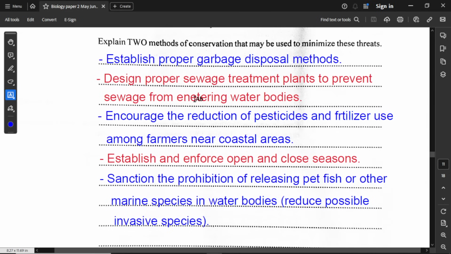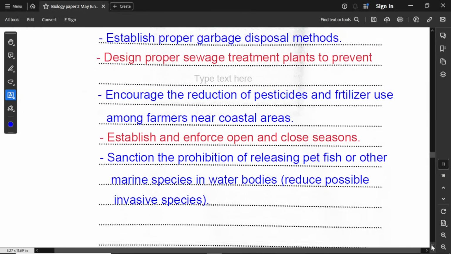And a point to note is that sewage entering a water body needs to be prevented to avoid pollution. And again, what is important with that point is that sewage will lead to what they call eutrophication, which is excess growth of algae.